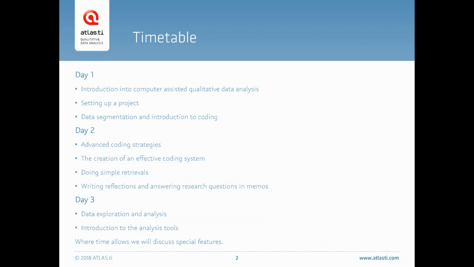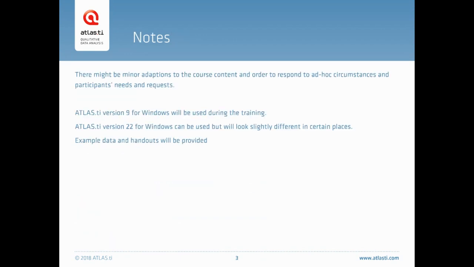So we'll start with a little bit of an introduction into computer-assisted qualitative data analysis, and I will be telling something about myself. Now, for practical aspects, we'll be working with Atlas.ti 9 for Windows. That is the version that UJ officially uses and that you should have access to.